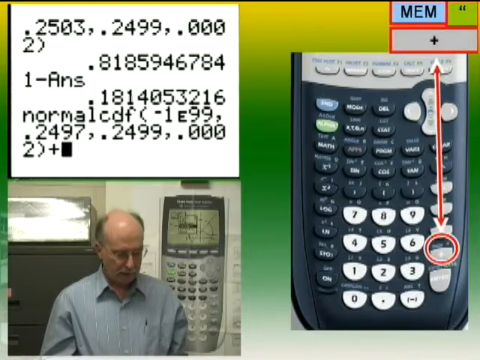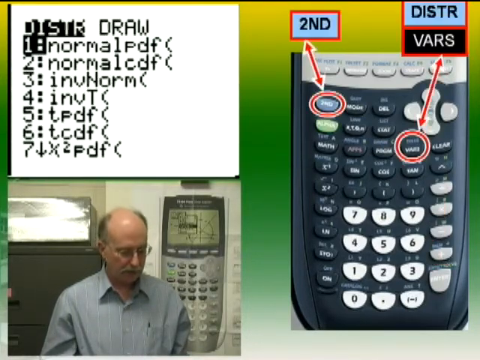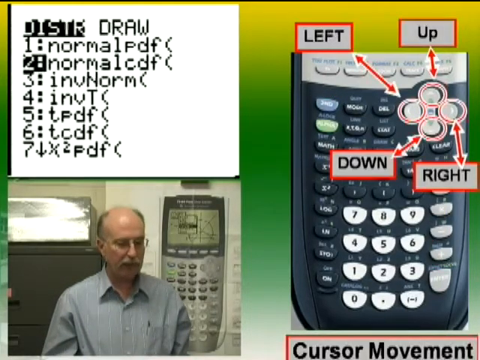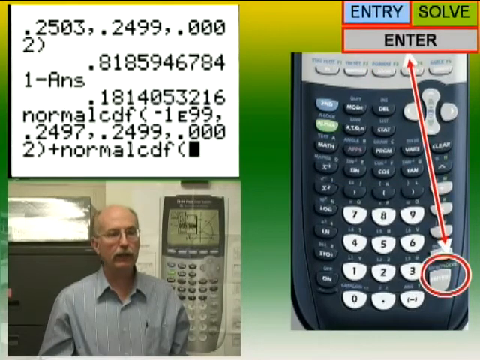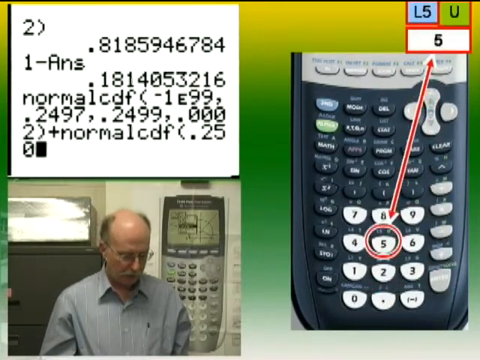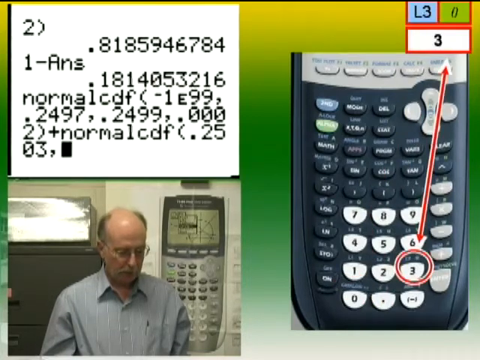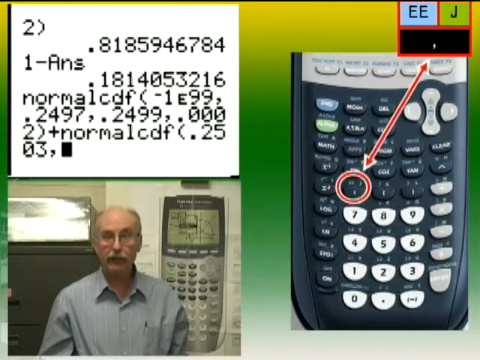We'll go back up and hit second DISTR again, down to Normal Cdf, hit enter. Now our lower bound here is going to be 0.2503, a comma, and we need to go to positive infinity now.